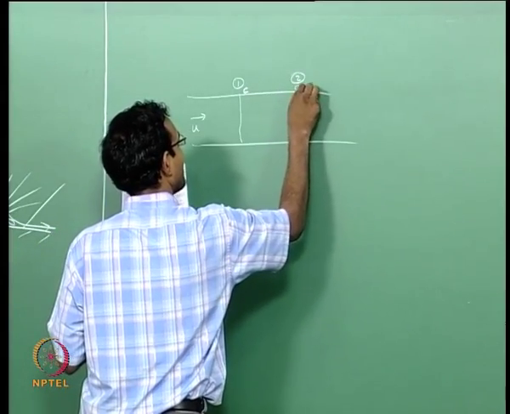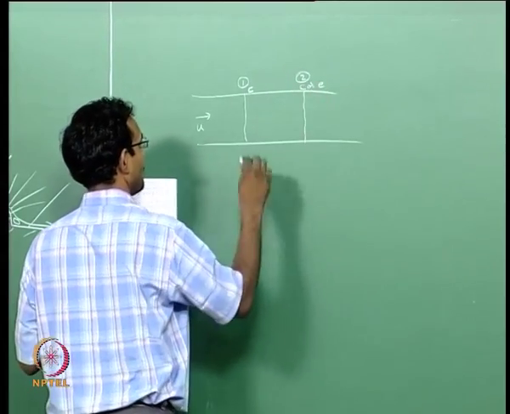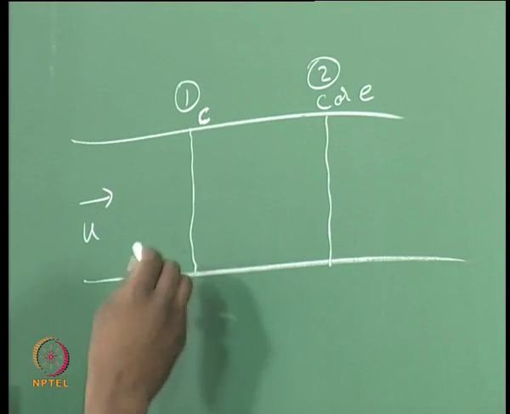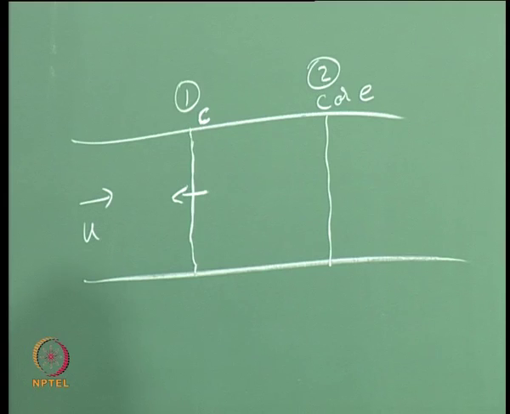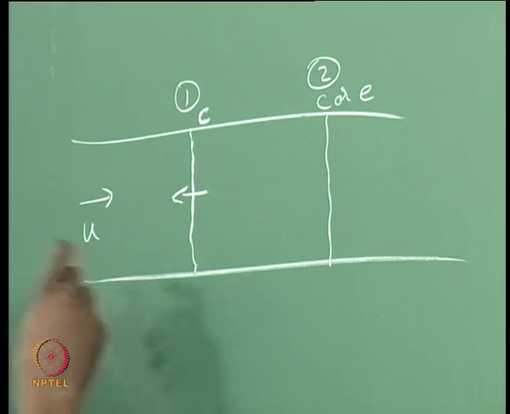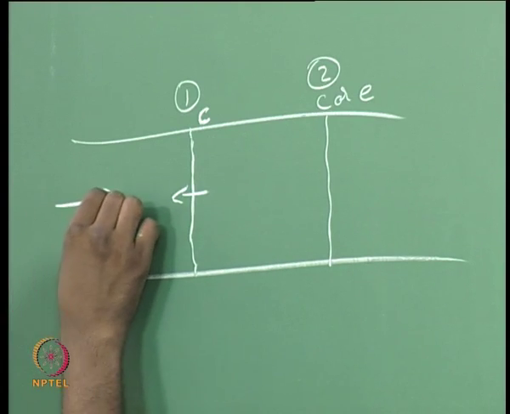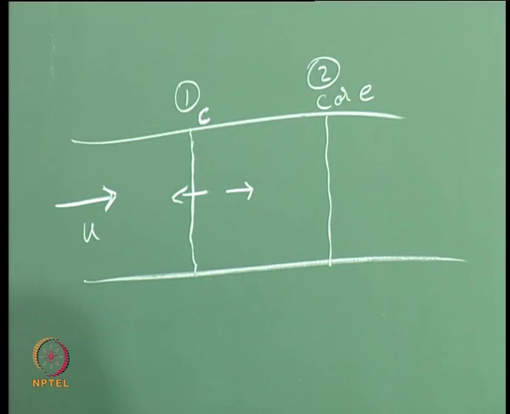It could be compression or expansion wave, I am not worried, C or E, one of those. If there is a shock here and it is travelling here, then what will this do? It will induce a flow in the direction of the shock movement, which means if this velocity vector was this long, it will now become shorter.